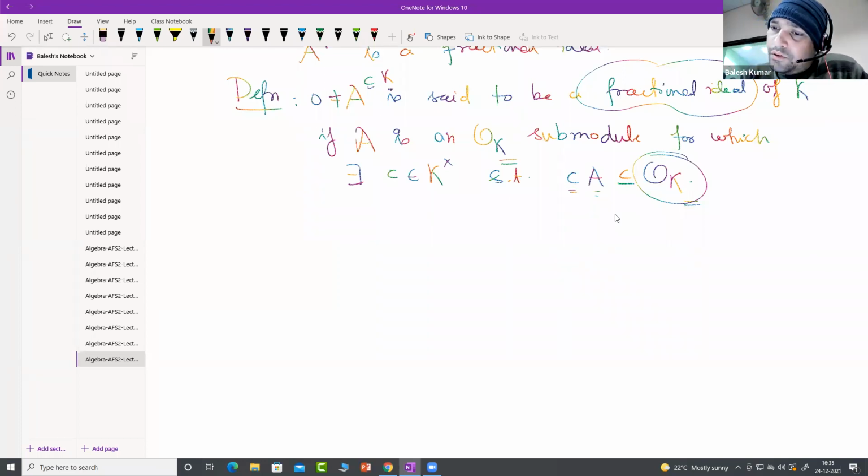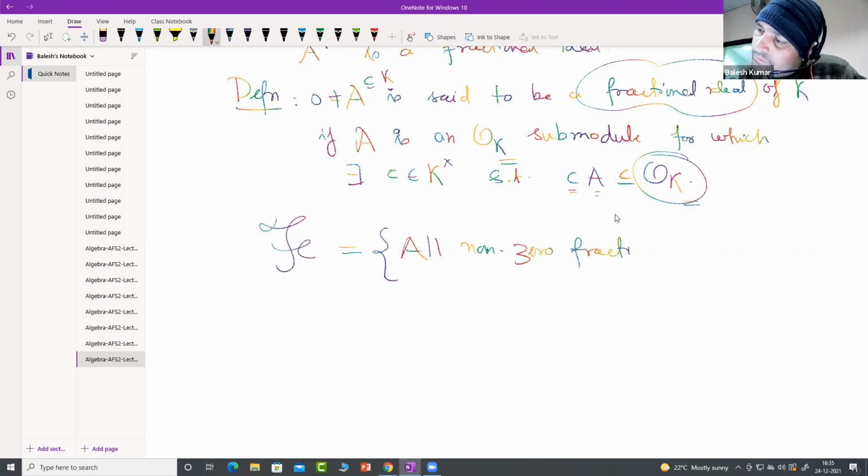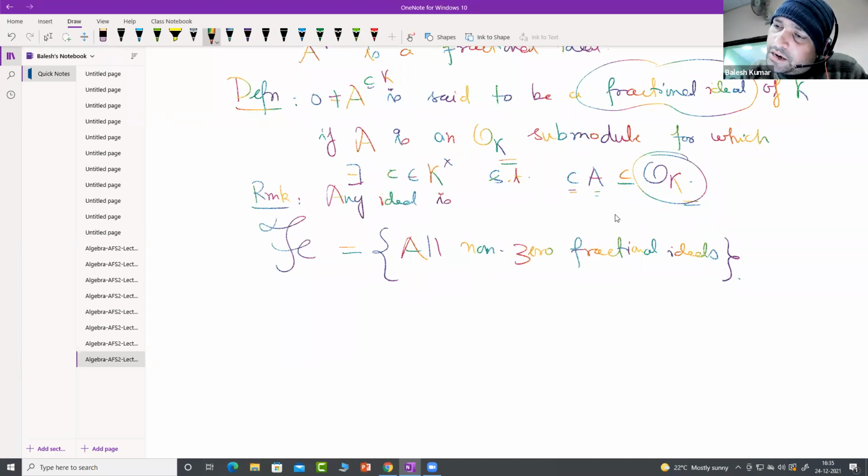Therefore, if you extend our set I to include all those fractional ideals, and denote by script F all the non-zero fractional ideals, then by the very definition, any ideal is a fractional ideal, which you can check, just because one can take C to be 1, and any ideal is of course an OK submodule.